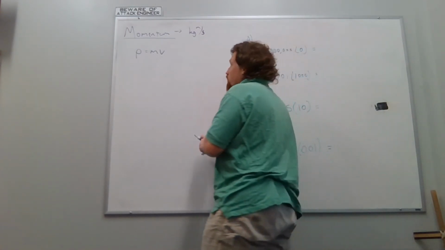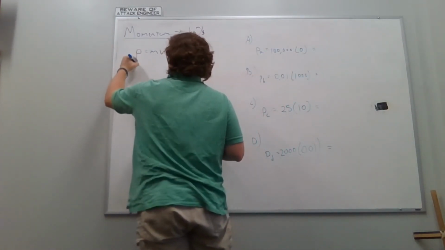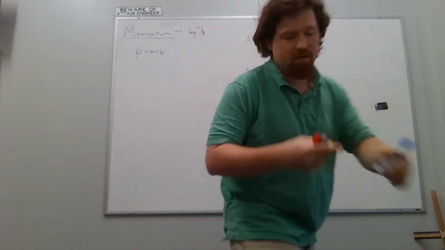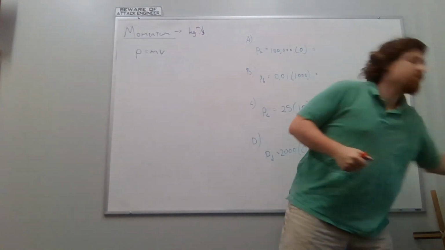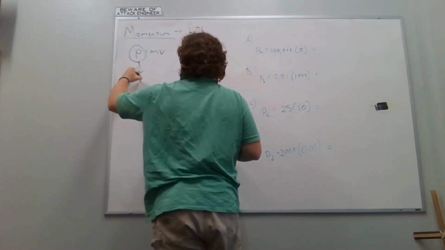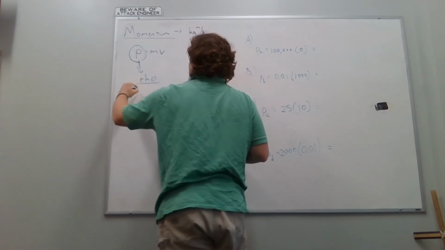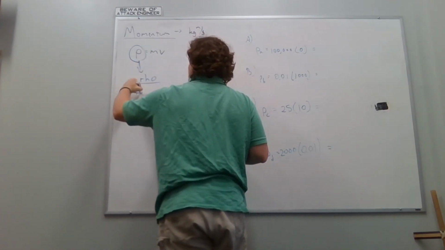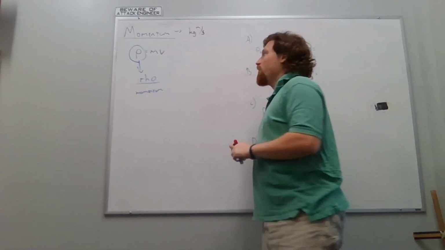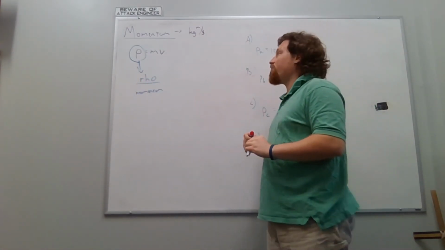This blue marker is running out of ink. That letter there is the Greek letter rho, and that represents momentum. This is the variable form of momentum.